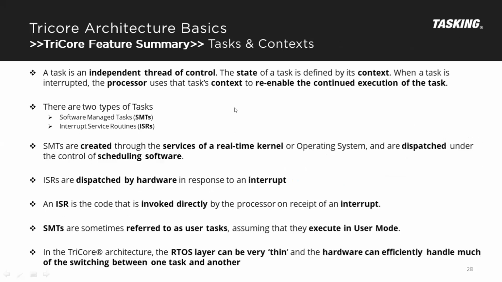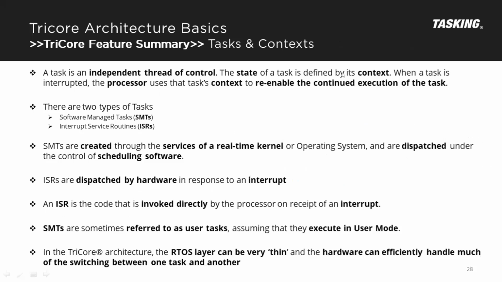All right, so I will cover here a new topic, which is related to tasks and contexts. What is a task? The task itself is an independent thread of control. This is the definition of the task, and the state of the task is defined by something called context.